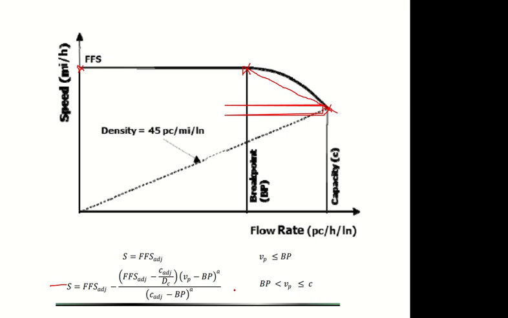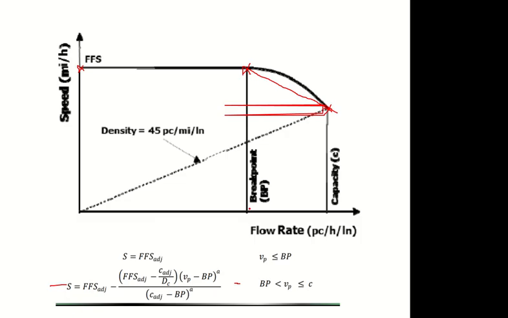I know S can come from this equation for these points. But what about the flow rate? Okay, the flow rate should be between breakpoint and capacity. Anything between breakpoint and capacity can be on this curve.